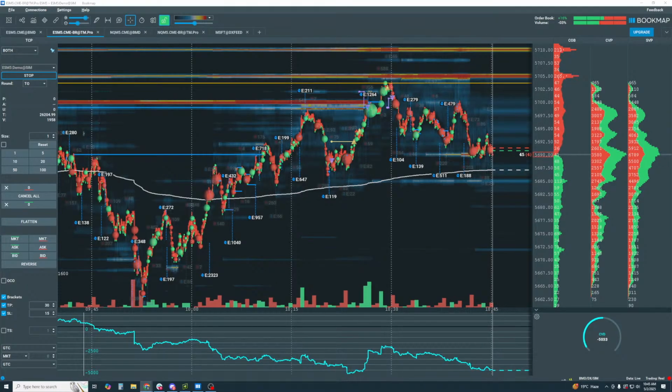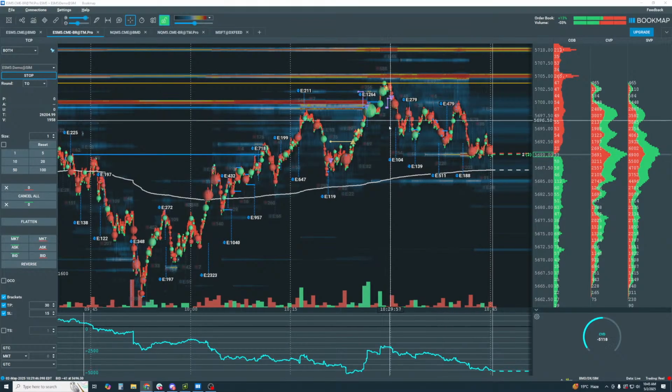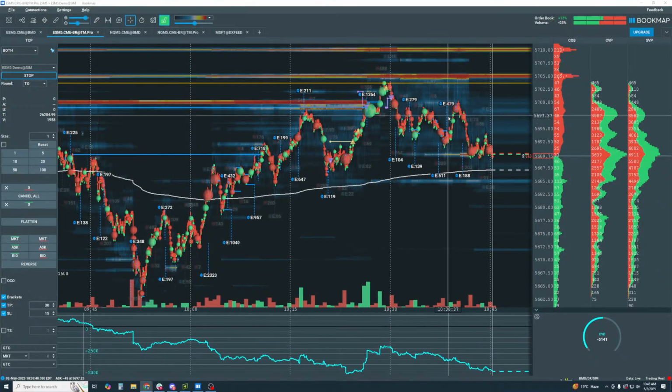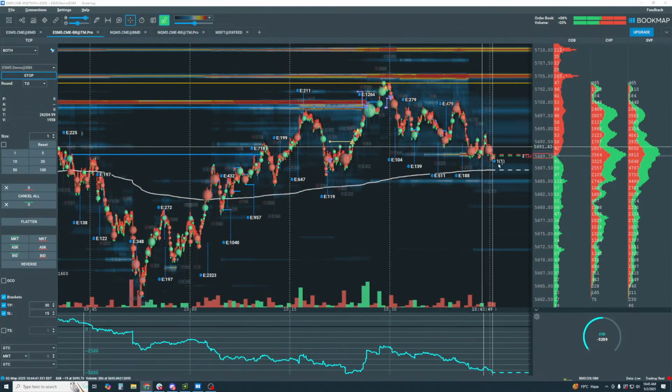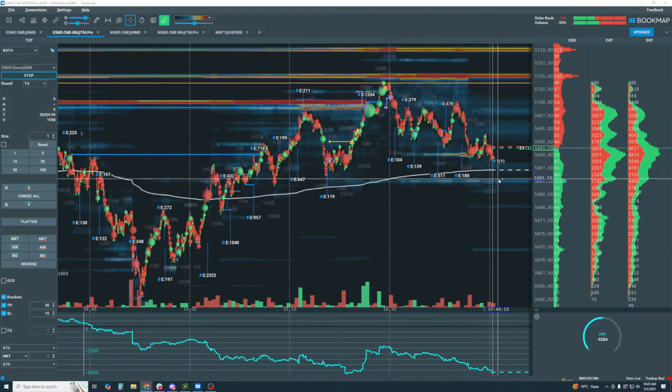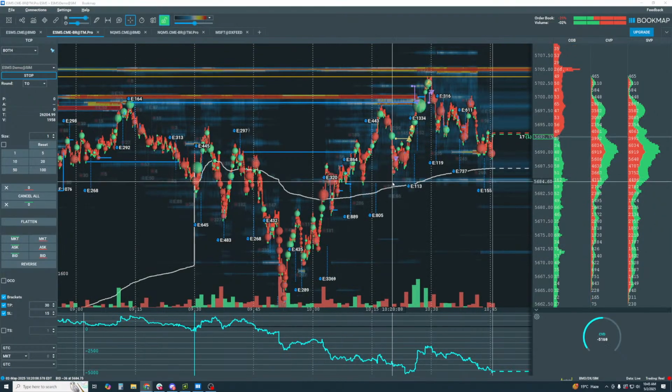All right, let's see here. To me, I'm starting to see the potential here for a reversal pattern.